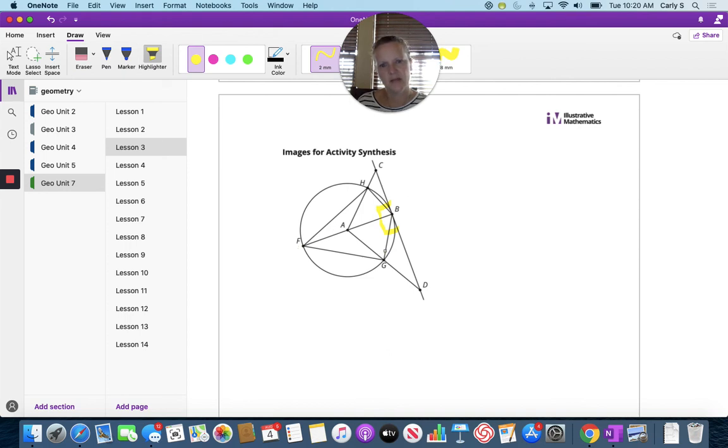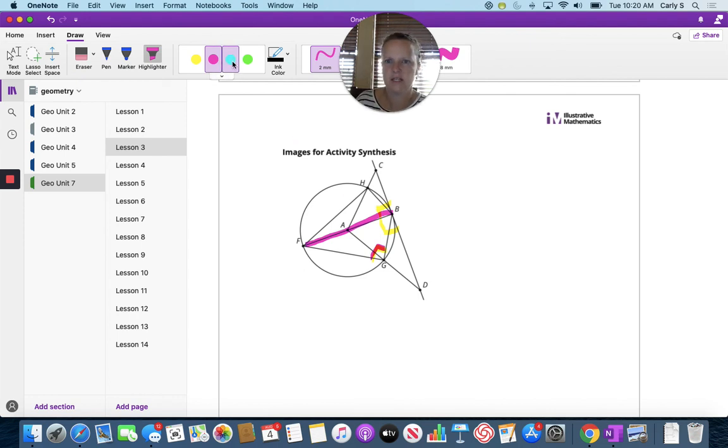Here's a radius, but I don't have a tangent to it. Well, this one right here, we learned that one right there is 90 because it's an angle that touches the circle, and this is 180. Let's highlight that. This angle right here is 180 degrees. Therefore, this one is half of that, which is 90. We've learned that. What else?